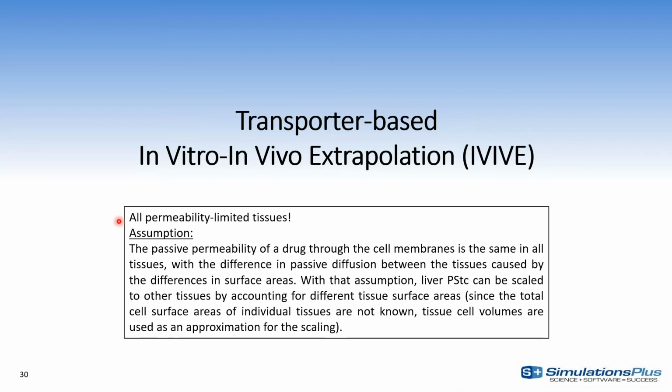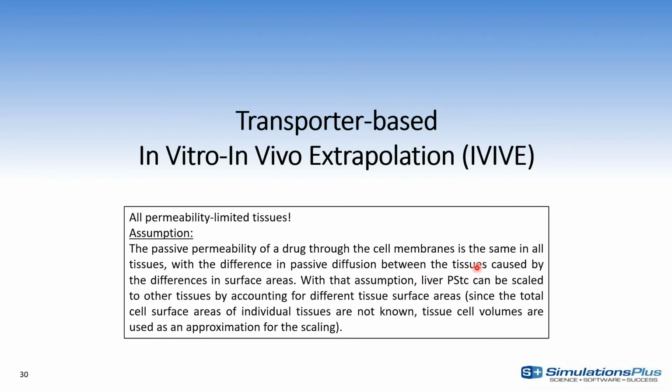So with that assumption, what we're going to use in this method is that we're going to assume all tissues are permeability-limited. So the passive permeability of the drug through the cell membrane is the same in all the tissues. Here is the assumption we are making. So the only difference in this passive diffusion in these different tissues will be caused by the difference of the surface area. With this assumption, we can calculate the permeability surface area product for the liver.